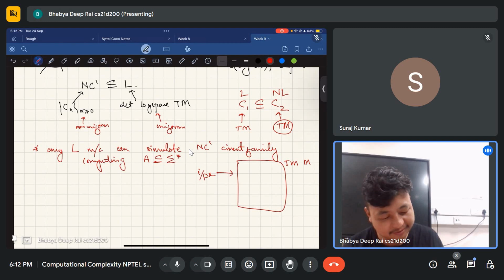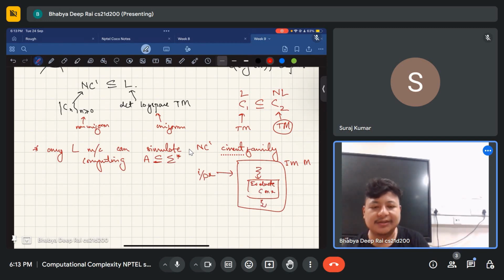So what does it do? The Turing machine during its run simulates, or whatever, evaluates, let's say, C on X. This is what Turing machine M does. But what is the problem here? First of all, how do I get C?